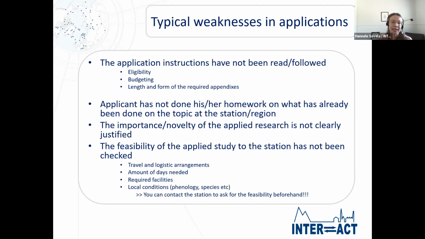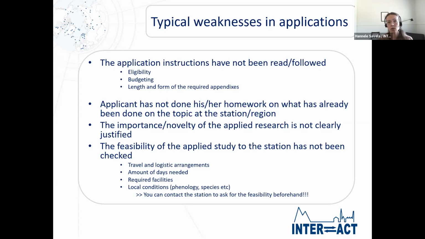The first one is that the application instructions have not been read or followed. And that is why I'm urging you to start by reading the instructions for the applicants. There can be some problems with the eligibility, with the budgeting, that it's completely unreasonable, or you are applying for budget items that are not supported in transnational access.